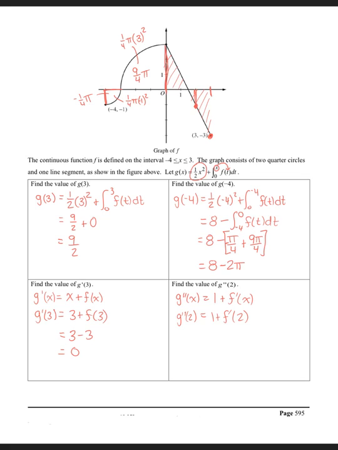It looks like it is negative, let's see here, 1, 2, 3, so I'd say it's -2. So I have 1 minus 2, which is -1. And so that's how you use the second fundamental theorem of calculus.